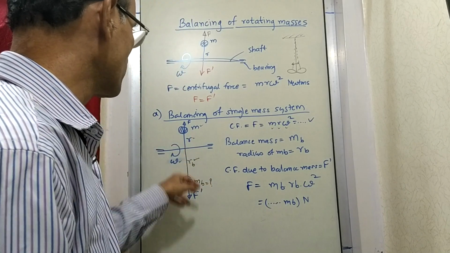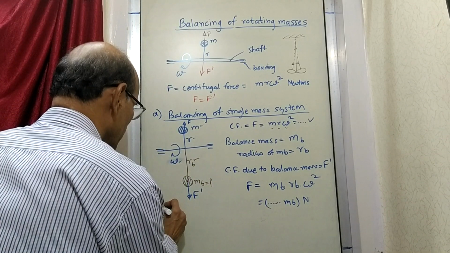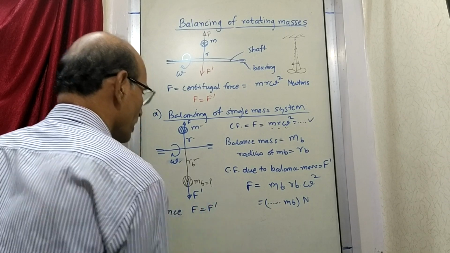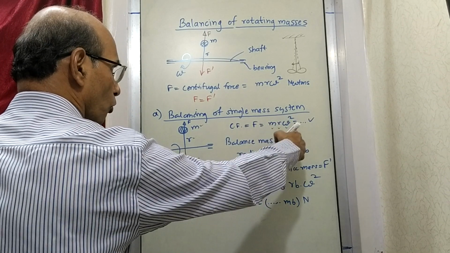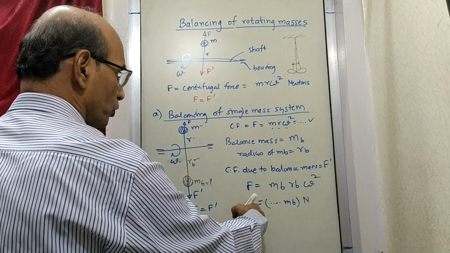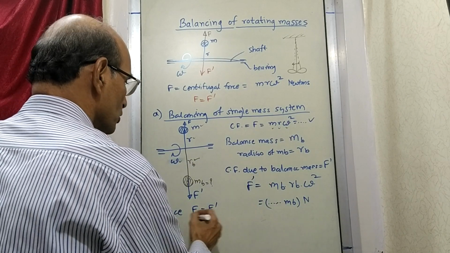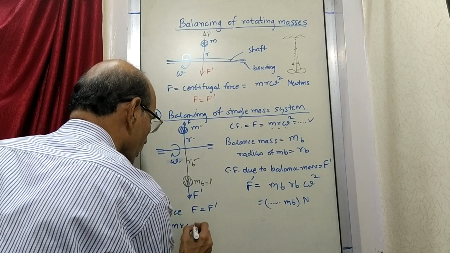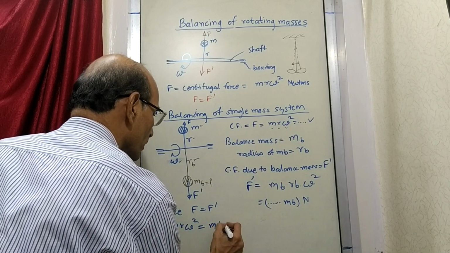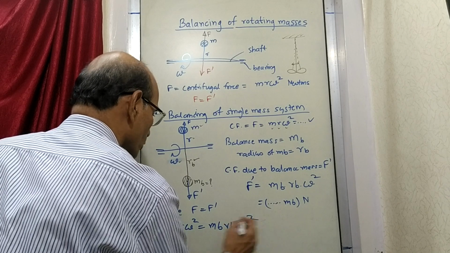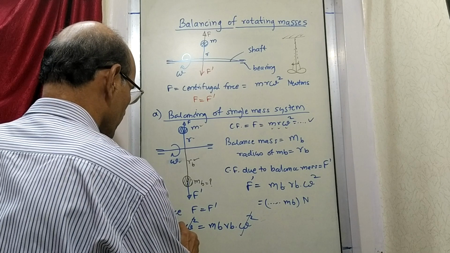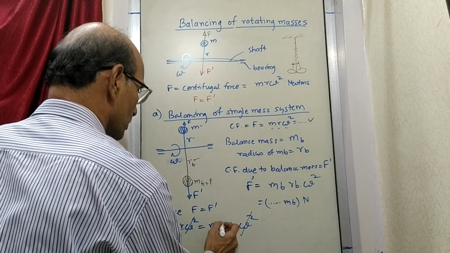Now since these two forces are supposed to balance, F is equal to F dash. We already know what F is. So m r omega square should be equal to mb rb omega square. You will find omega square gets cancelled. Then m is given, r is given, rb is given.